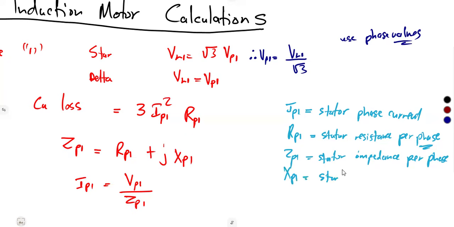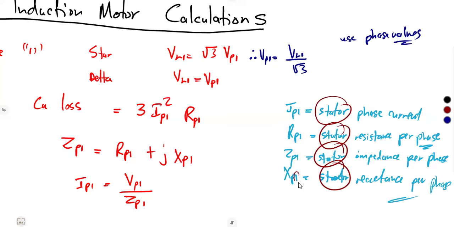Stator again. It's all about the stator there. So it's the stator reactance per phase. So guys, I'm not going to write all these. Just know that we are representing this part with the 1, and then the P for phase. These are phase values in our calculations.